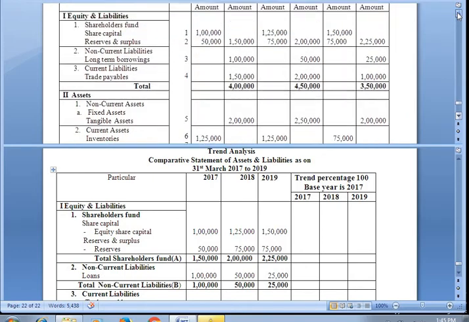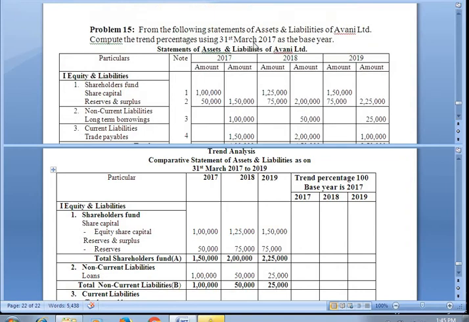Here you can check, 31st March 2017 as the base year. So after writing the amounts we have to find out the trend percentages. In the 2017 column what do we write here? 100%, because this is the base year.